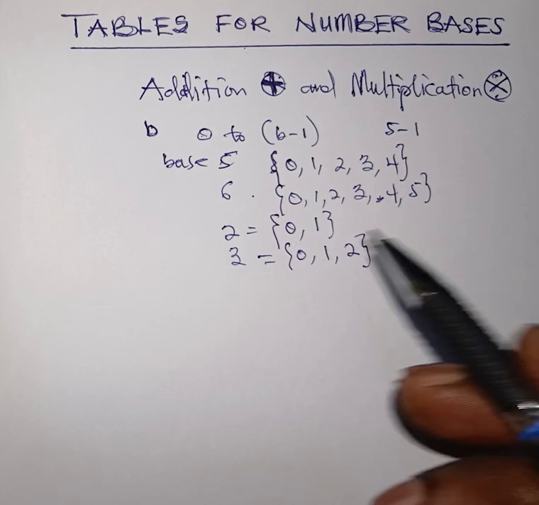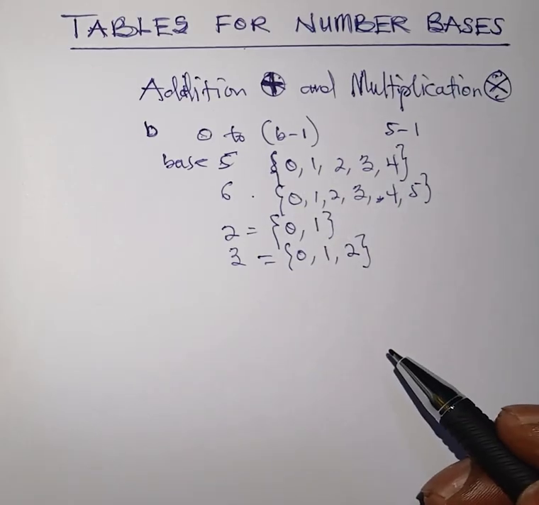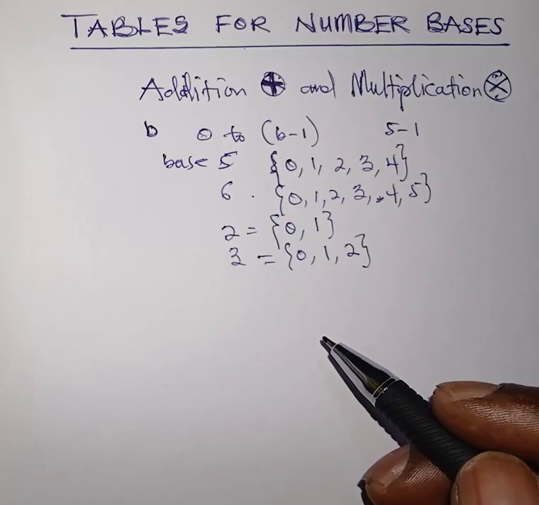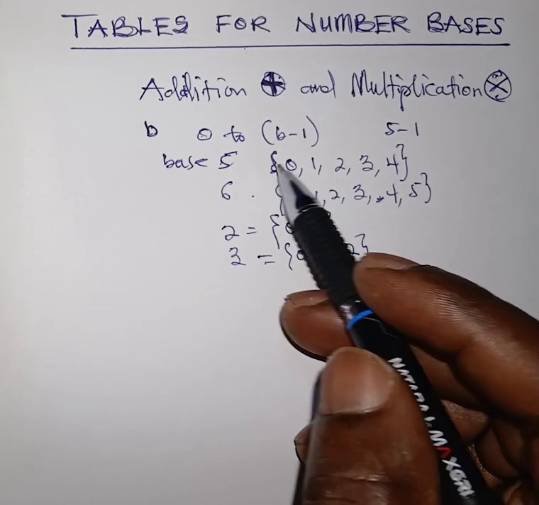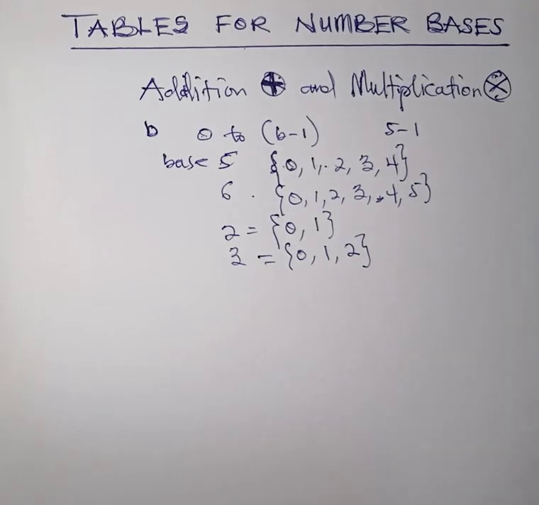Okay, and we are saying that when you are given this one, you need to arrange them in a table form, and you know in a table form we deal with rows and columns. So if we are given, let's say, base 5, how many numbers do we have here? 1, 2, 3, 4, 5.